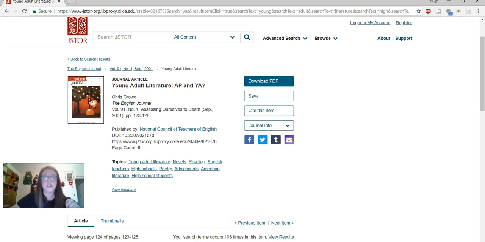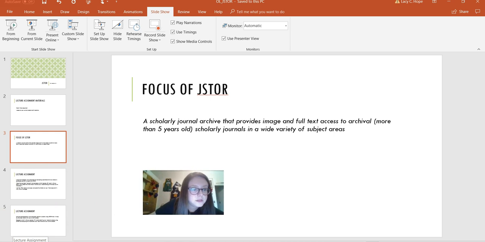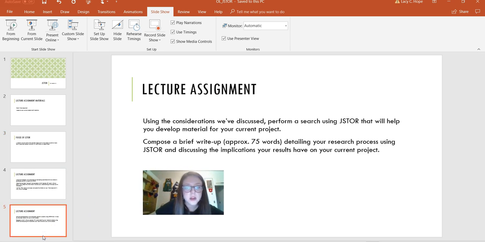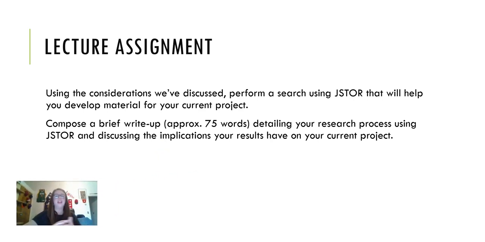So now let's return to discuss our lecture assignment. All right. So what I would like you to do then is, using the considerations we've discussed, I want you to perform a search using Jstor that will help you develop material for your current project.